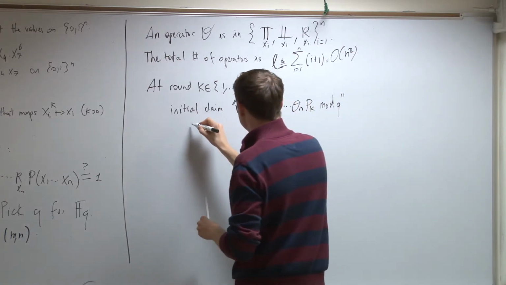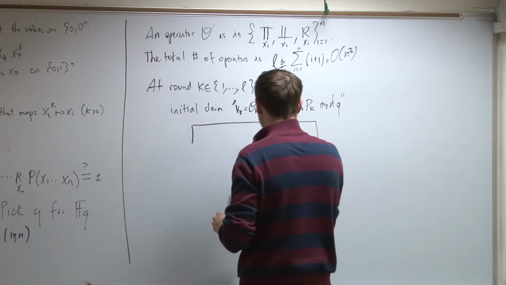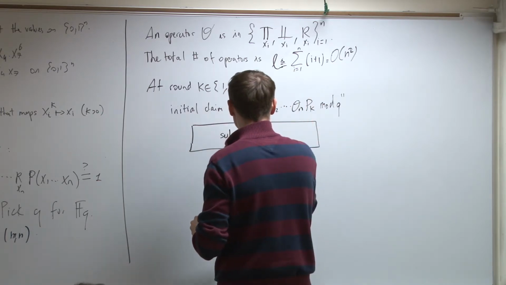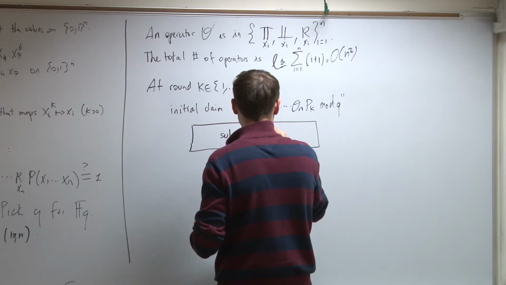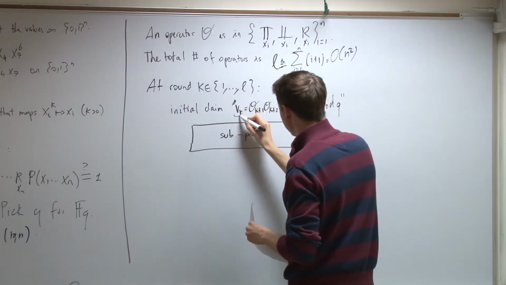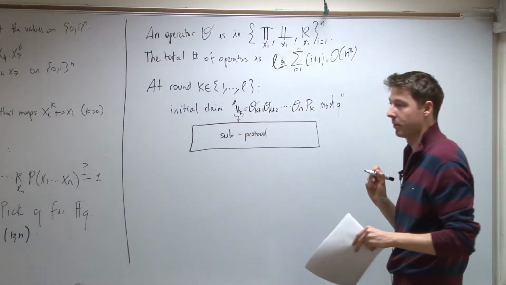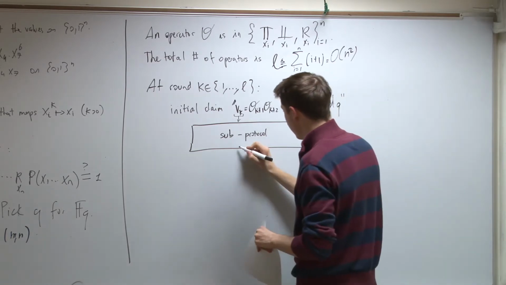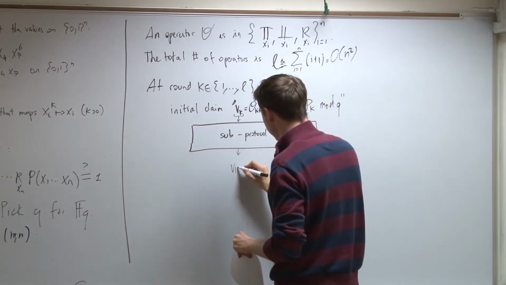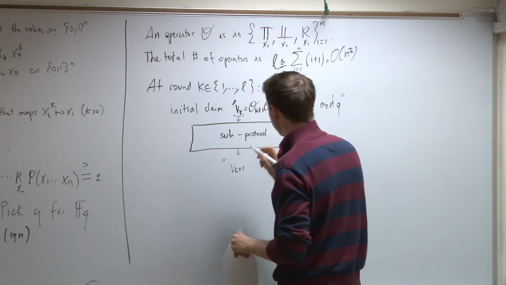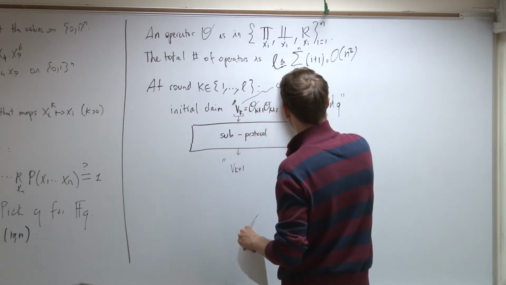We run out some sub-protocol. And really, the only input to the sub-protocol is just that number, which is a bit. And the sub-protocol will spit out, not a bit, sorry, this is going to be in general in F_q.